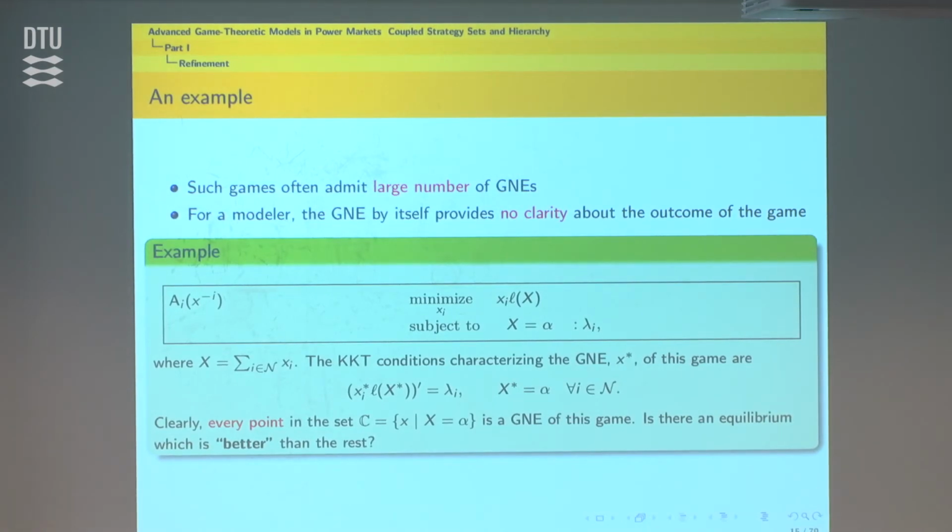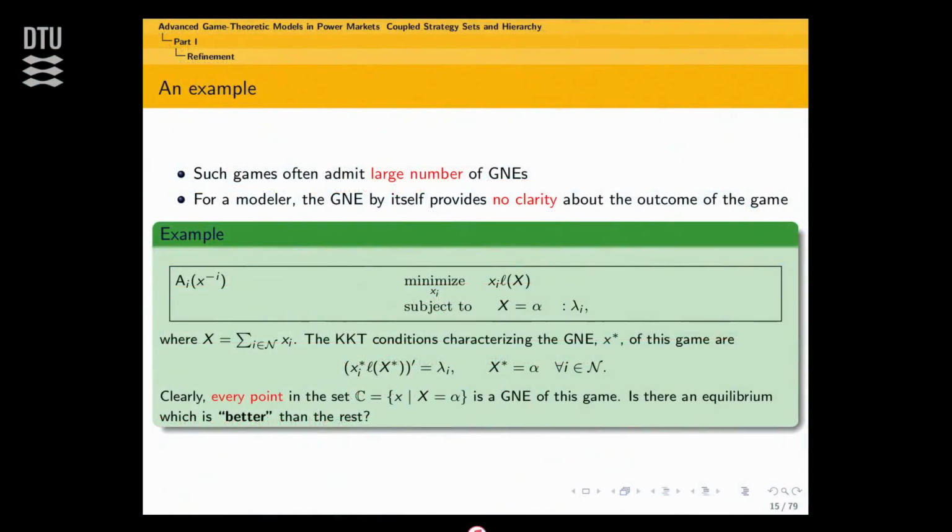Now, why is it that we might be interested, apart from the reason that it's tractable? Here are some other ways to think about this. Often games admit a large number of GNEs. They might have manifolds, right? So for a modeler, the GNE by itself provides no clarity about the outcome of the game.